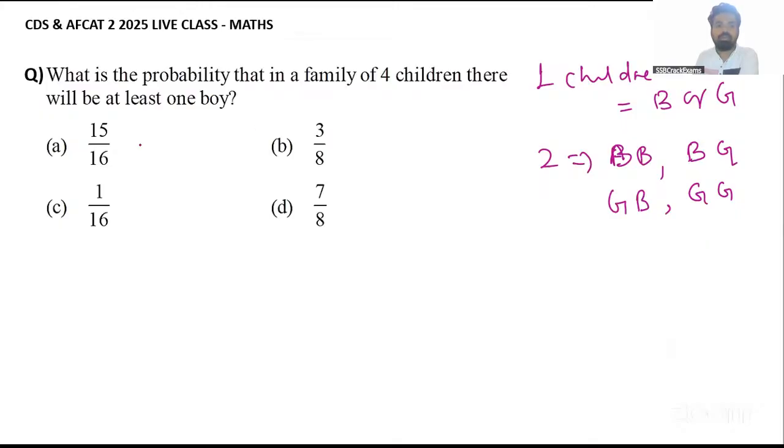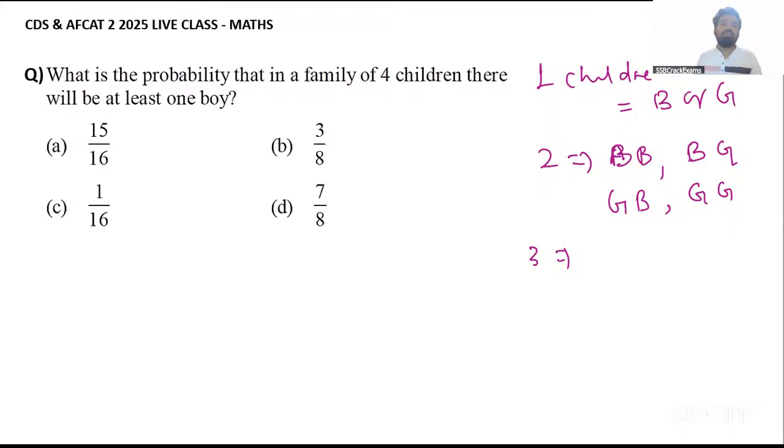Okay, you are giving answer 15 upon 16. Okay, let's check. Suppose there are three, then we will again find the sample space. You can see one thing. There are two possibilities, so this question is analogous to dealing with the sample space of head and tail.